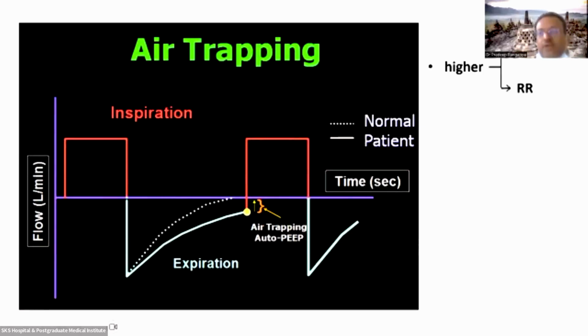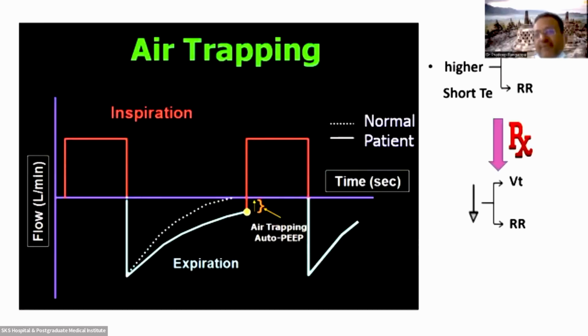So higher tidal volume is bad for COPD. That's why we keep a lower tidal volume, and we lower the respiratory rate, and we tend to keep the PEEP low, and we tend to increase the expiratory time. So higher tidal volume, higher respiratory rate, and shorter expiratory time is what will lead to worsening of intrinsic PEEP or dynamic hyperinflation.